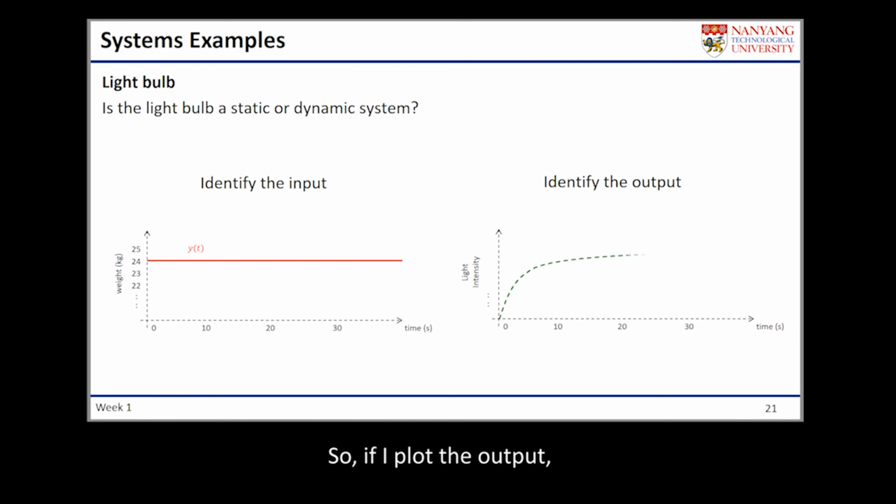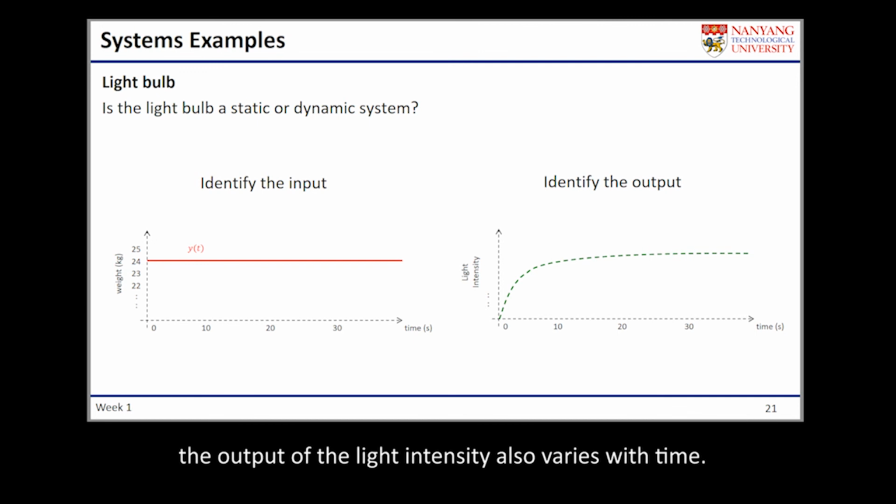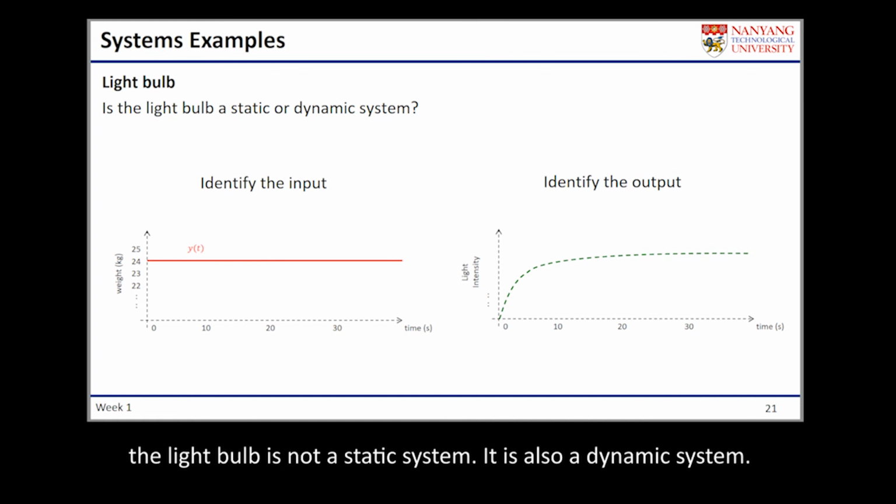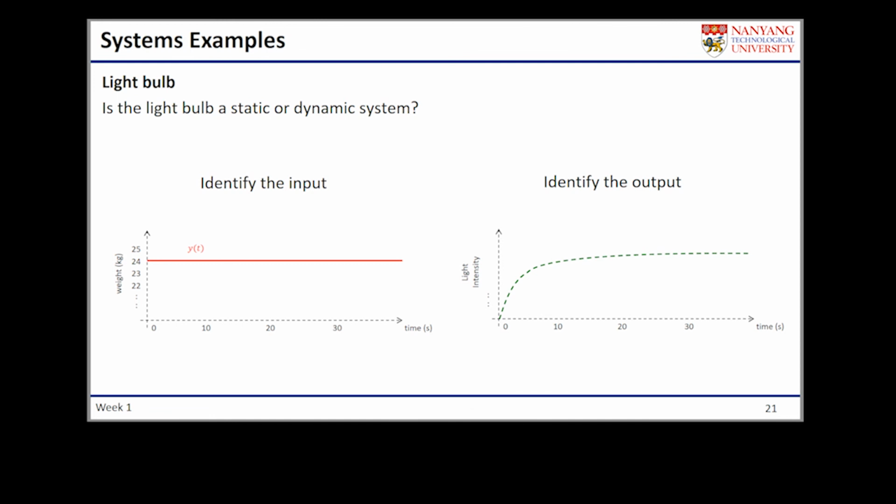So if I plot the output, the light intensity, in time, but on a very slow scale, if you look at this time scale, it's very slow. The output of the light intensity also varies in time. So essentially again, the light bulb is not a static system, it is also a dynamic system.